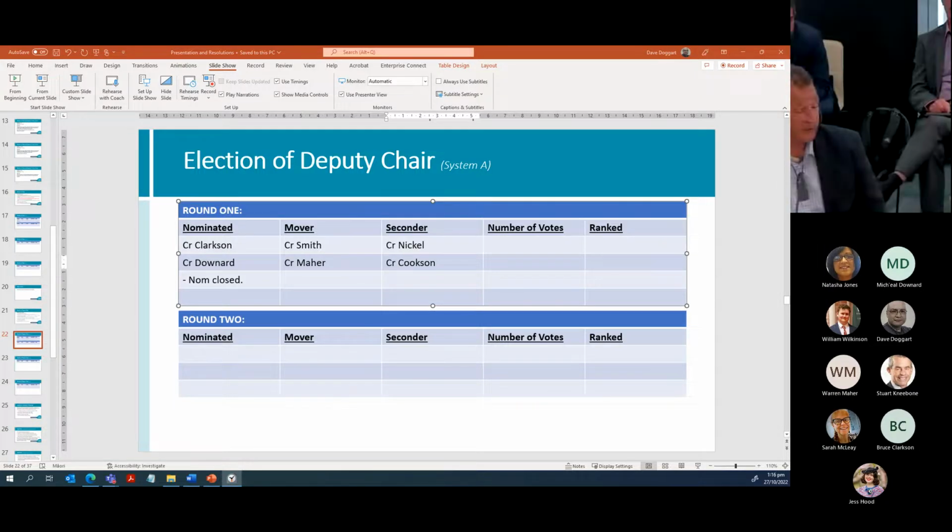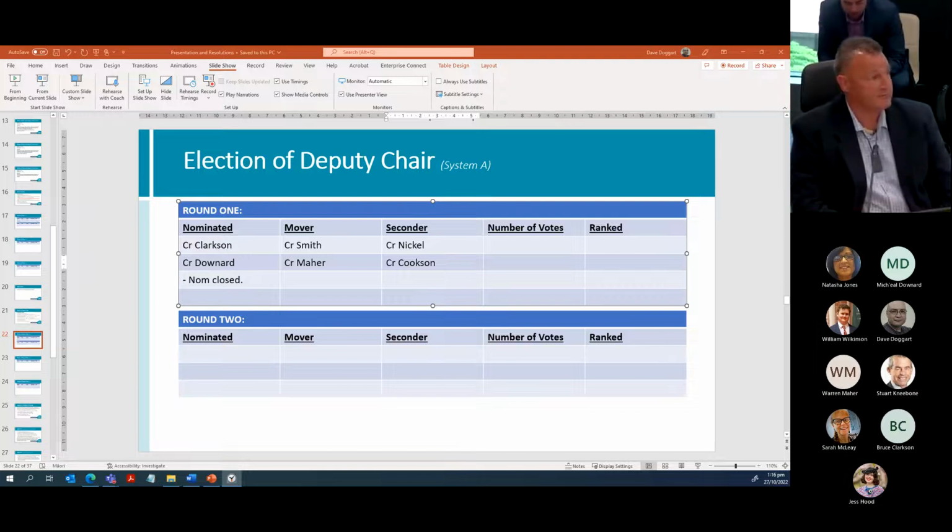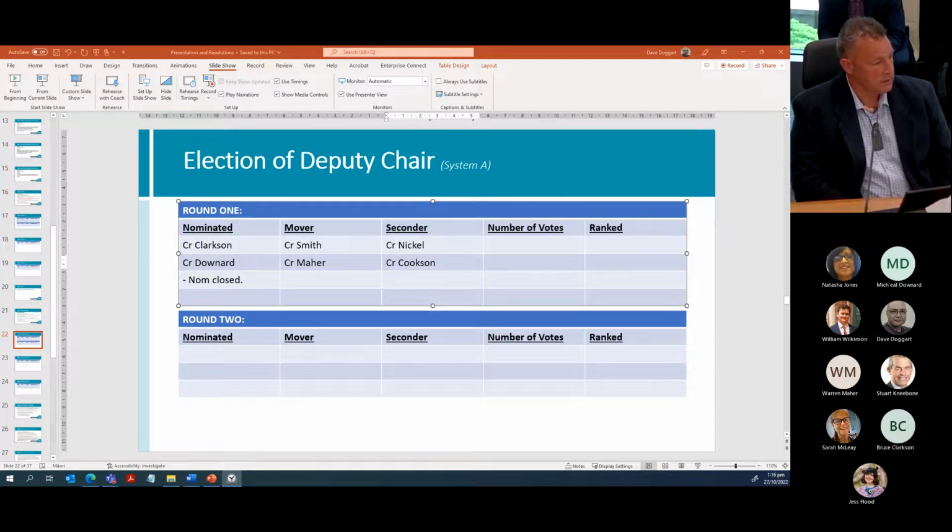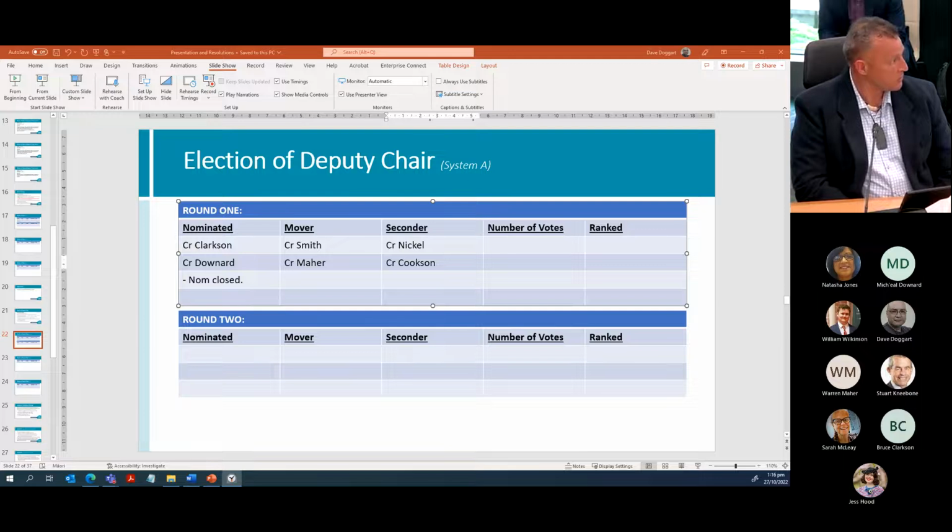Well, I'm not one to look into the rear vision mirror. I'm one that wants to go forward. I don't know what's happened. I'm new into the Waikato Regional Council, and I look around us and I think this is the team that we've got, and this is the team that's got to work together for the next 3 years.